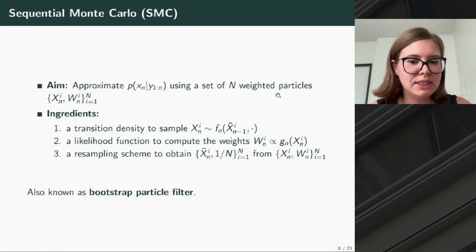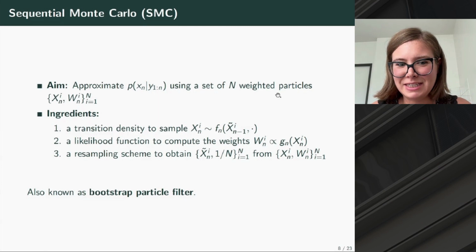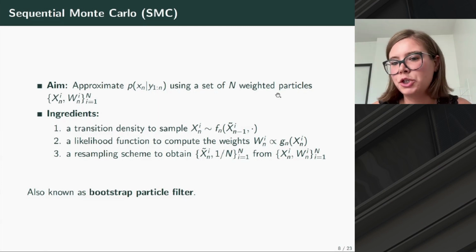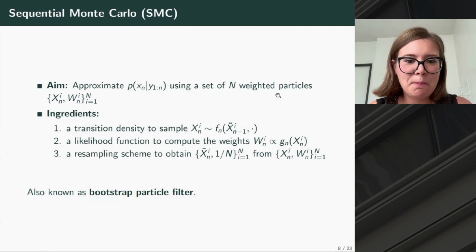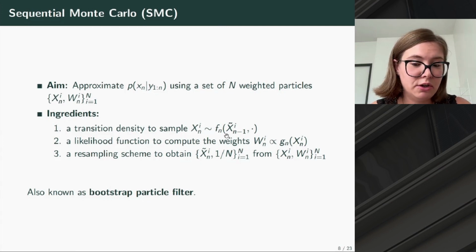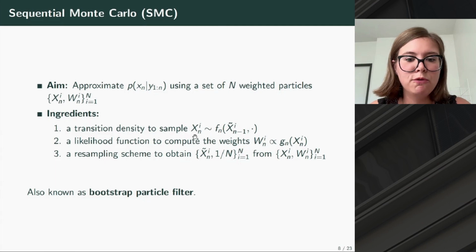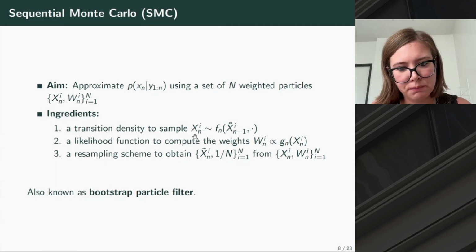I'm going to switch between samples and particles because very often these samples are called particles, hence the terminology particle filters. But basically, these algorithms are recursive. They mimic the recursion that produces the distribution. And so to move from time n-1 to time n, we use the transition density of the state space model to move forward in the future.